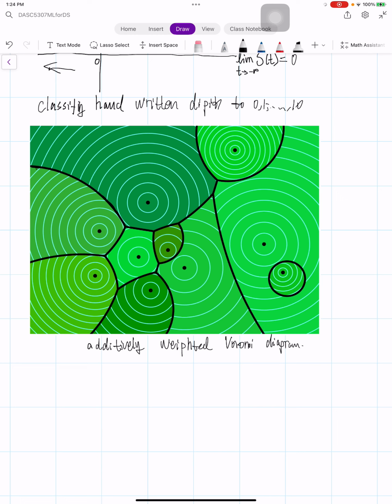For example, if our observation falls into this region, we pick number 1.